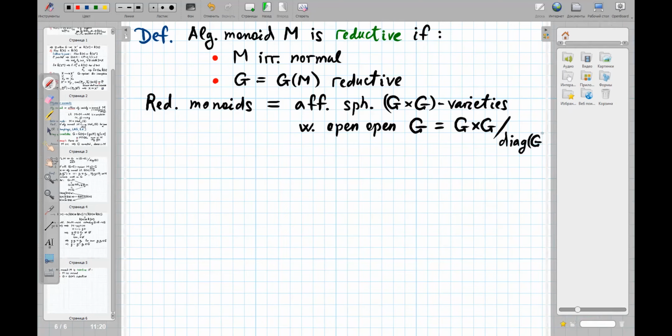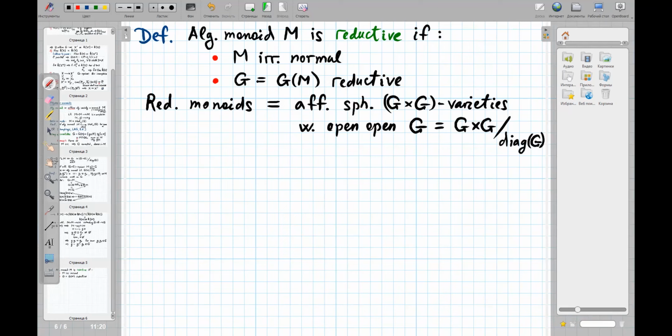We know that this is a spherical homogeneous space, even a symmetric space. And since we know that reductive monoids are exactly affine equivariant open embeddings of this homogeneous space, it is the same as affine spherical G cross G varieties with this open orbit.